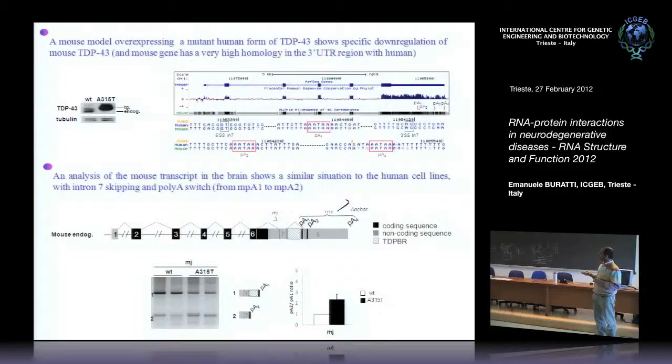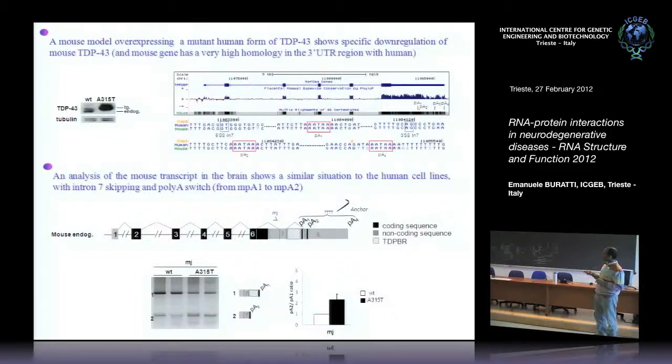And one of the things that we noticed is that in several of these mouse transgenic models where they overexpress TDP43, then the overexpression of the mutant form of TDP43 was accompanied by the downregulation of the endogenous mouse TDP43 production.